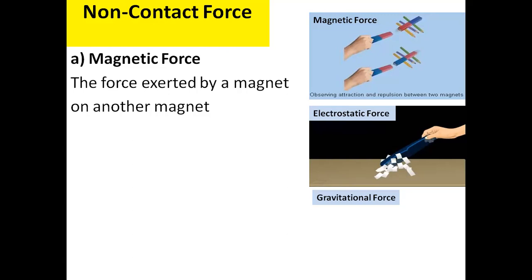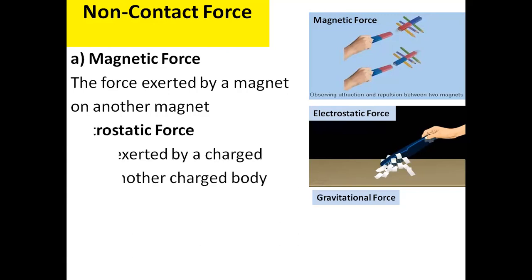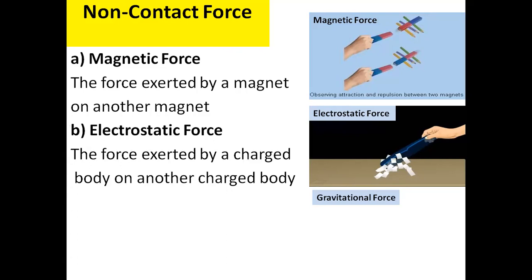We take that same ruler and keep it near the small pieces of paper. We see that they get attracted. So what we are doing basically is charging a body. What is electrostatic force? The force exerted by a charged body on another charged body.